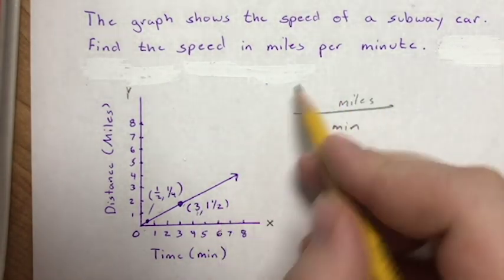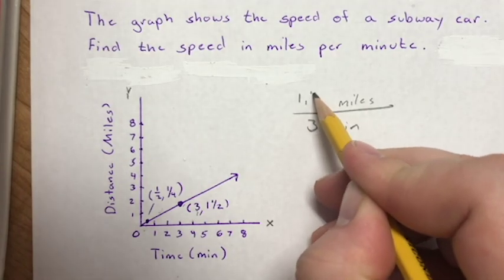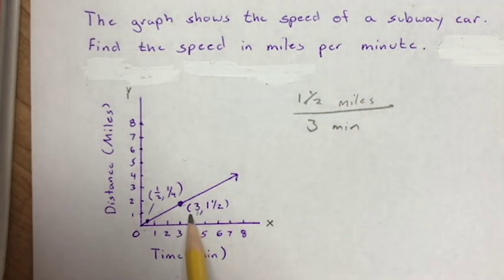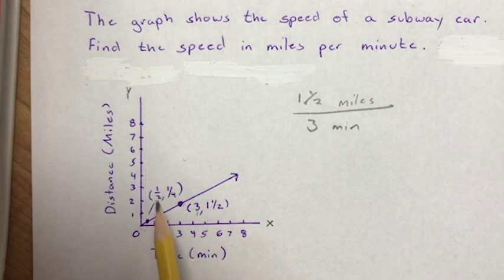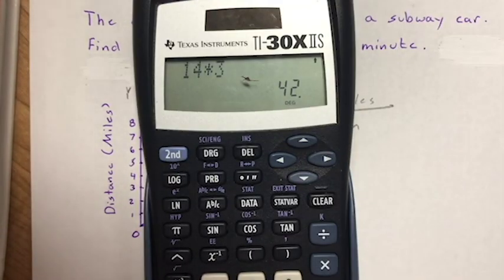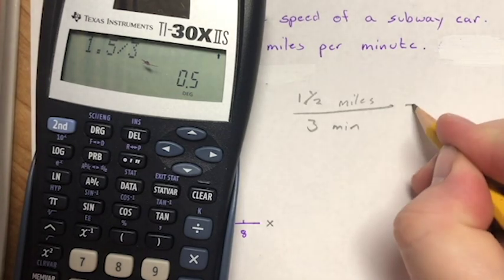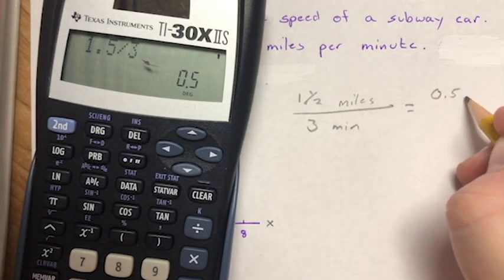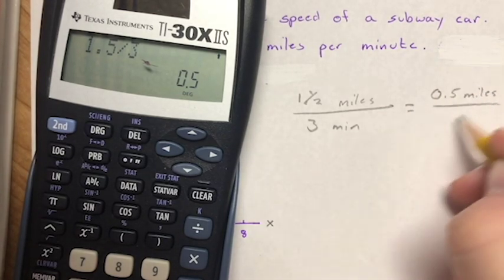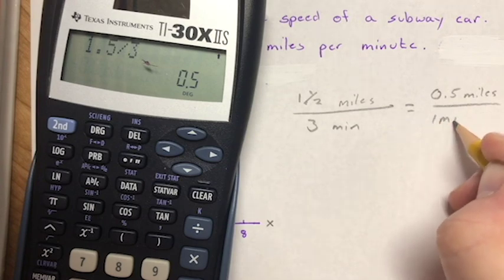And then my y is 1.5. According to this, that's my x, that's my y, and that would be my miles. So now that I have that, let's just go ahead and plug it in. I'm going to write 1.5 and divide that by 3, and that gives me 0.5 miles per 1 minute.